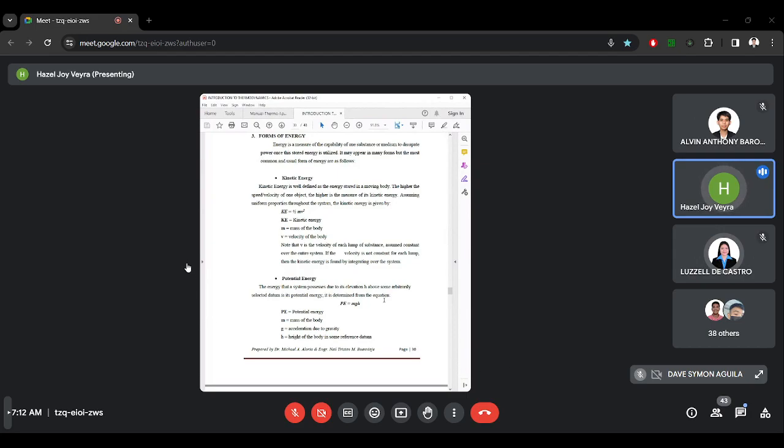So forms of energy. Energy is a measure of the capability of one substance or medium to dissipate power once this stored energy is utilized. So we have a lot of different types of energy or forms of energy existing on Earth, even outside the Earth.